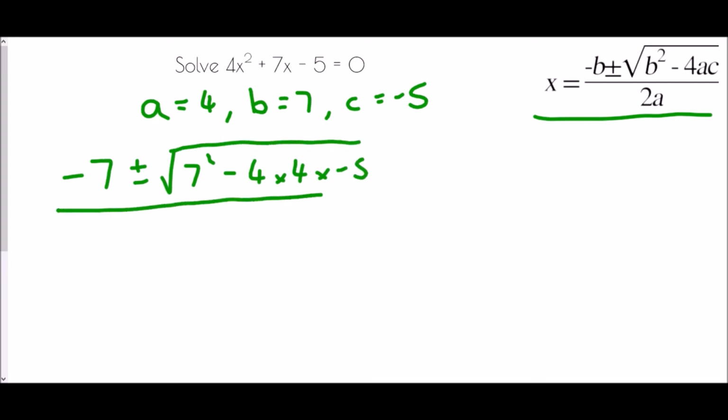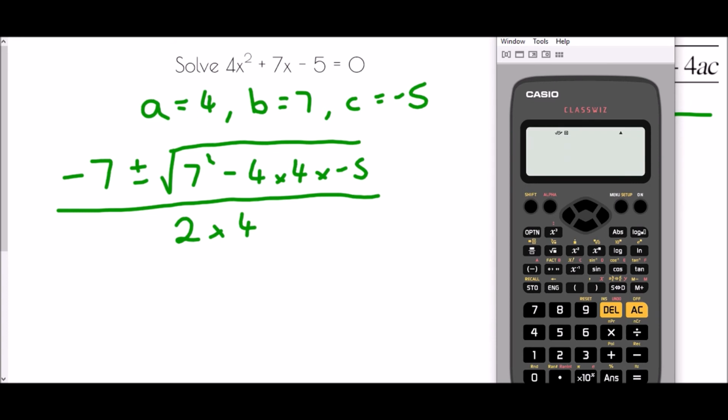And that's all going to be divided by 2 lots of 4. And again, all I need to do is grab my calculator. So fraction, -7, and we're going to start with plus the square root of 7 squared, take away 4 times -5. And we're going to divide that by 2 times 4.